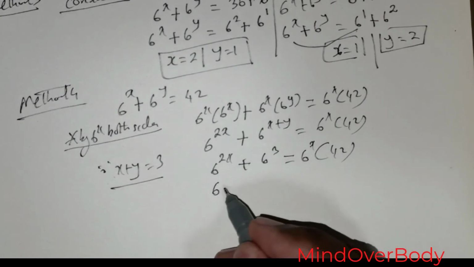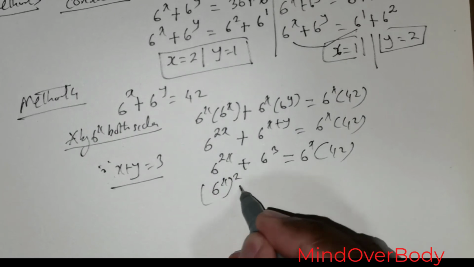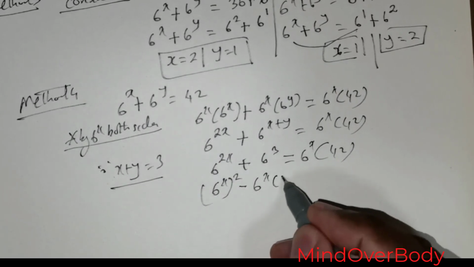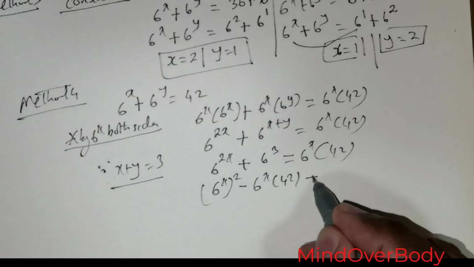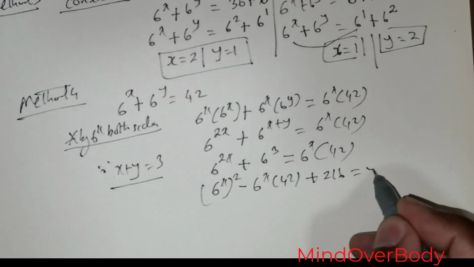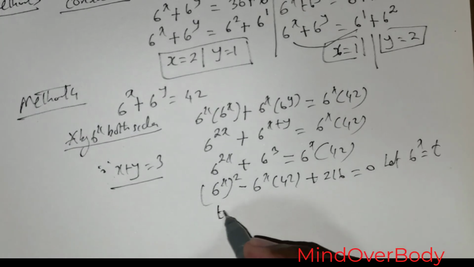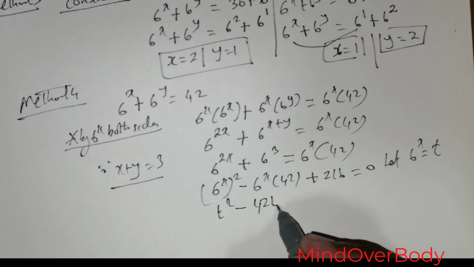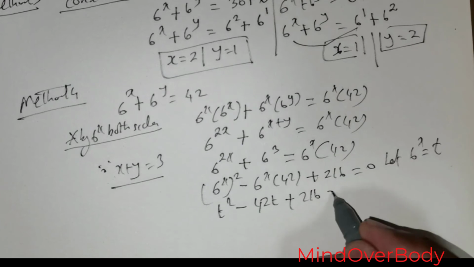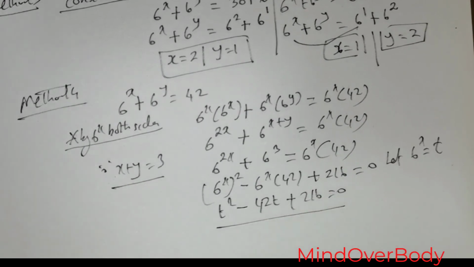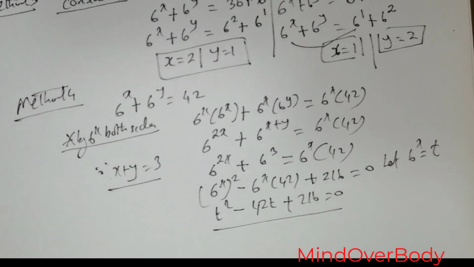Now you can rewrite this as (6 raised to the power x) squared minus 6 raised to the power x times 42 plus 216 is equal to 0. Now if you take 6 raised to the power x is equal to some t, this is going to be t squared minus 42t plus 216 is equal to 0, which is a quadratic, and we can solve this. So this is method number 4.